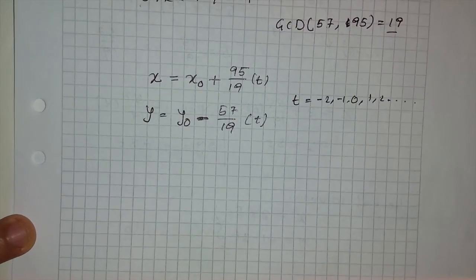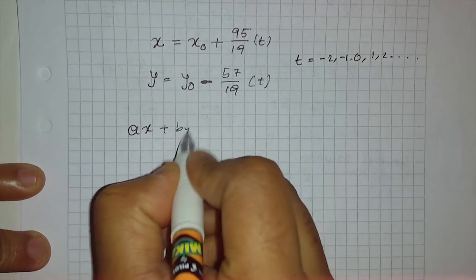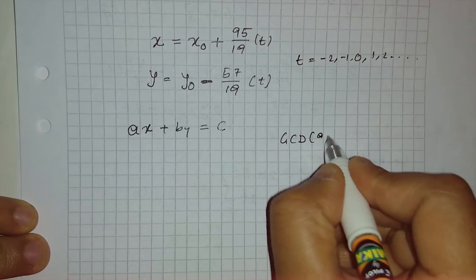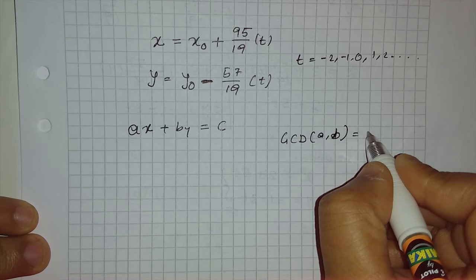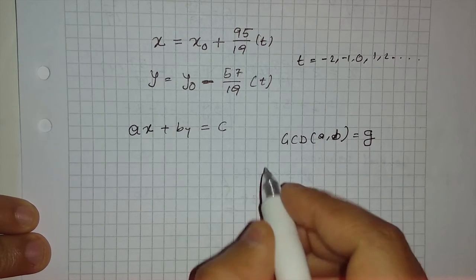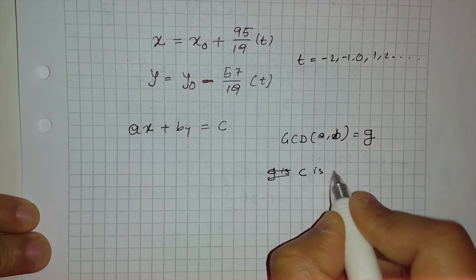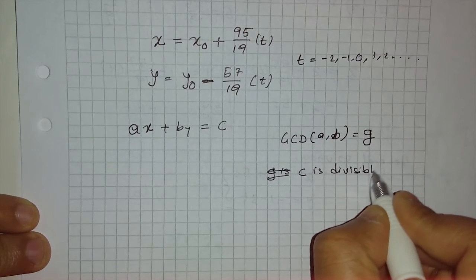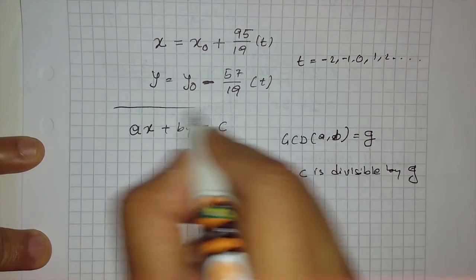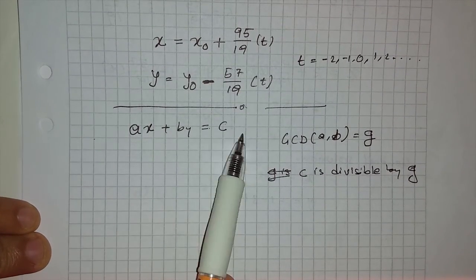All right, now to generalize the whole thing, if we have a problem that is ax plus by equals c, and the GCD of a and b is another number, let's call it g for simplification purpose, and then let's consider that c is divisible by g, because if c is not divisible by g, then this equation is not solvable.